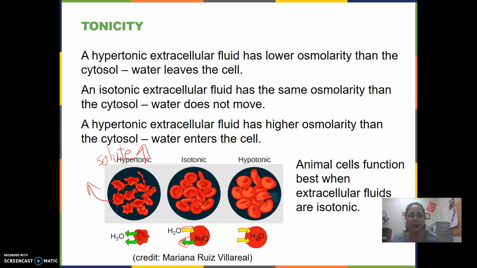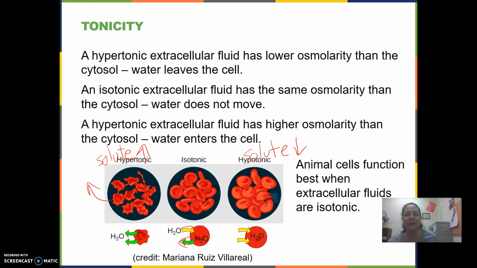If you place red blood cells in a solution where the solute concentration is low, that would be a hypotonic solution. An example of a hypotonic solution would be just plain distilled water with nothing dissolved in it. It would have a 0% solute concentration.